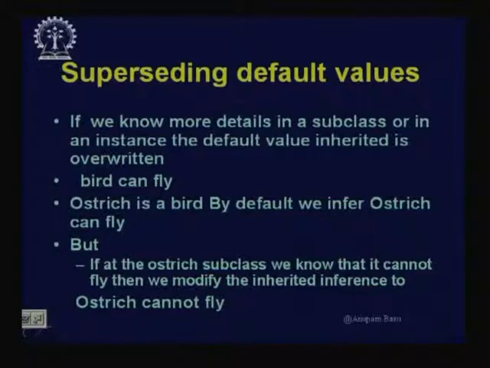Now, here is a classical example, birds. We know birds can fly, we know birds have feather, birds are covered with feather. And we also know that penguin is a bird, ostrich is a bird, eagle is a bird, sparrow is a bird.